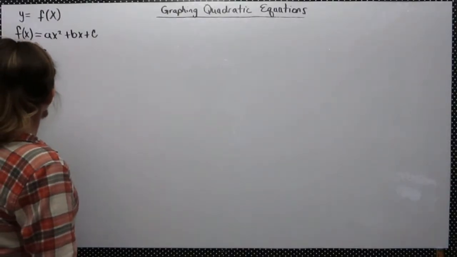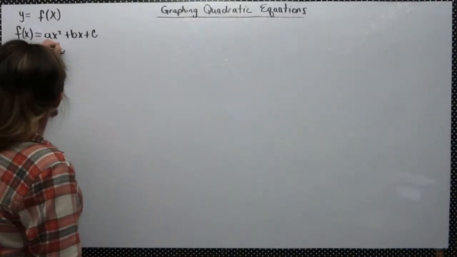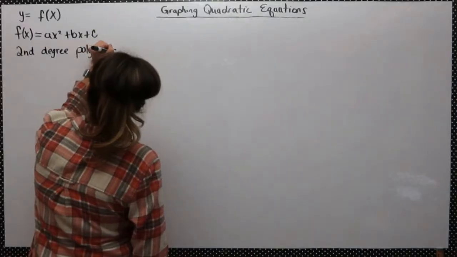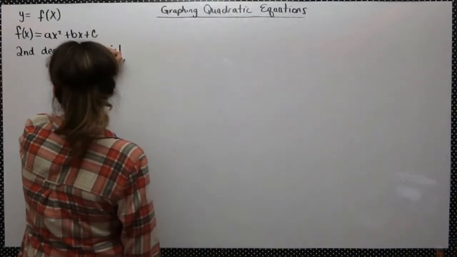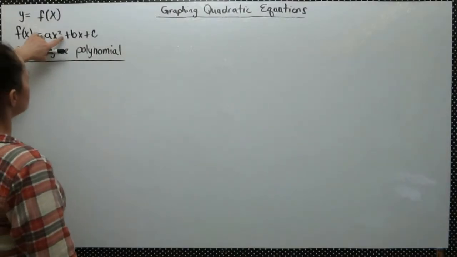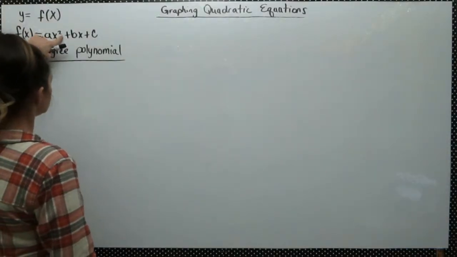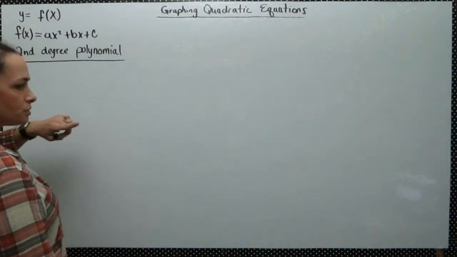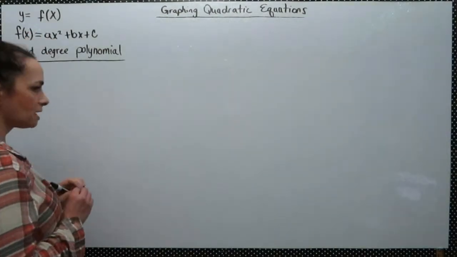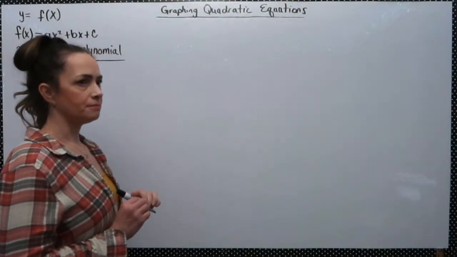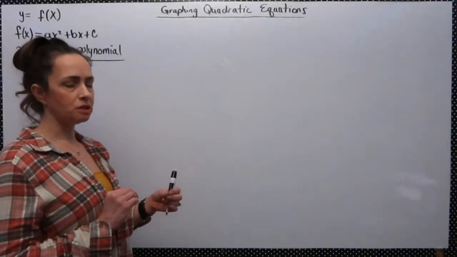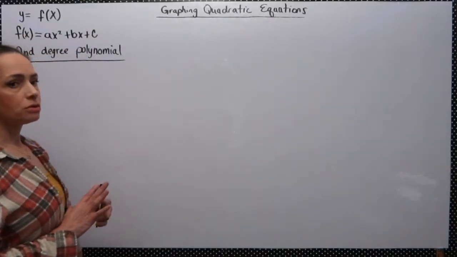Second degree polynomial. And so there is a potential of 2 solutions. You can have at most 2 solutions, because the exponent tells you how many potential roots there are.